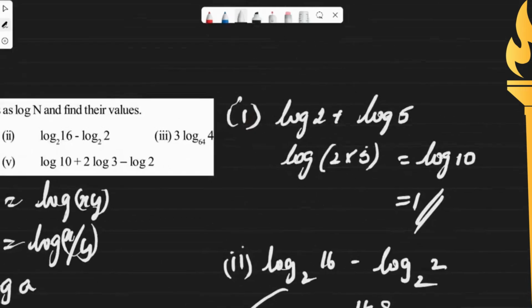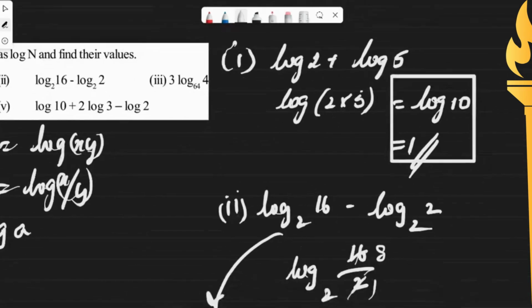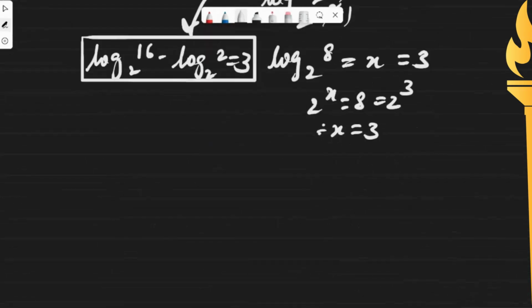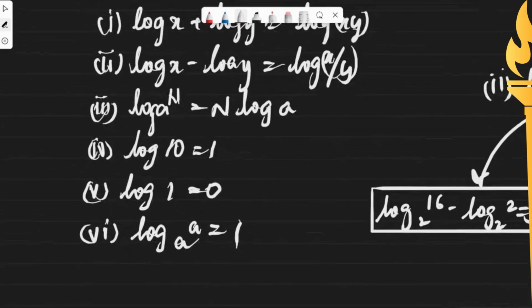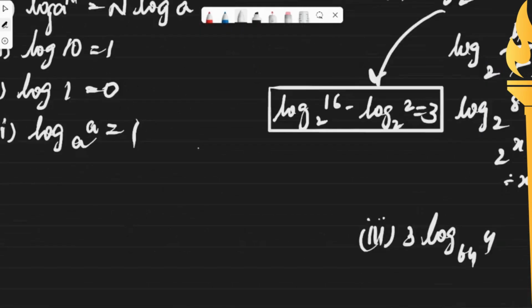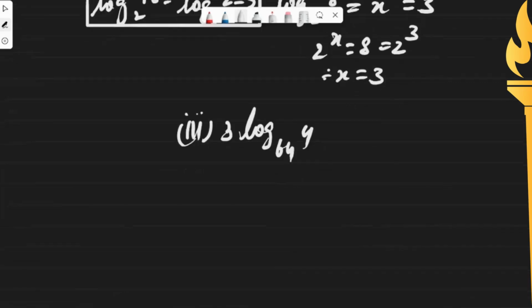Next, third one, we have 3 log 4 base 64. We have a formula, the third formula, log a power n is n log a. So here we have n log a, which will be equal to log a power n.